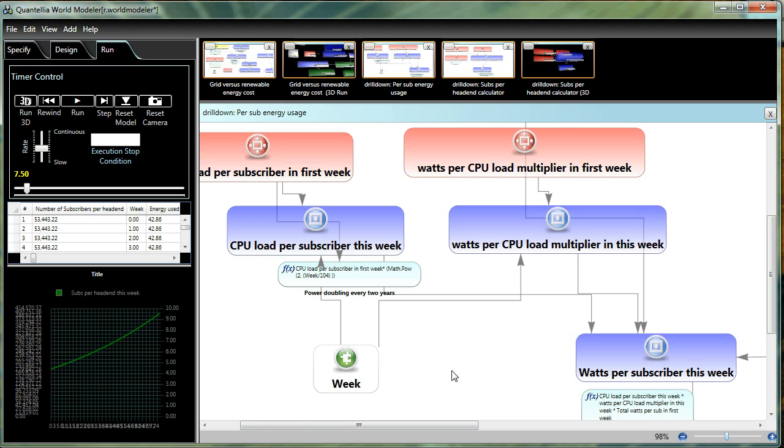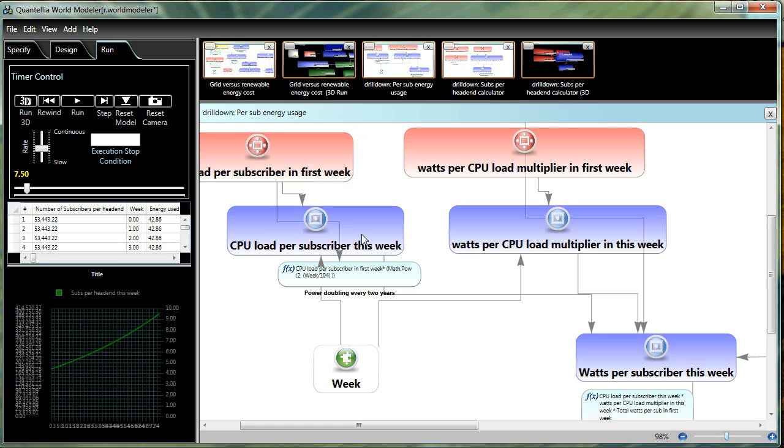At the same time, the watts per CPU load unit is going to decrease. The inverse way to say this is the performance per watt is increasing. Basically, equipment is getting greener, and so we can get more and more compute power for fewer and fewer watts out of equipment as we move forward into the future.